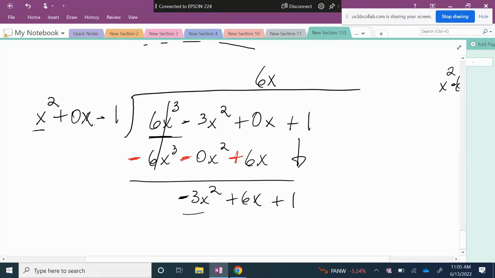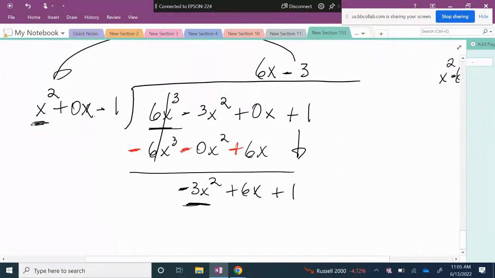Okay, so now I'm going to concentrate again on the first terms, x squared and -3x. So x squared times what quantity would give us -3x squared? Right, I believe that's going to be -3. And now we're going to distribute -3.